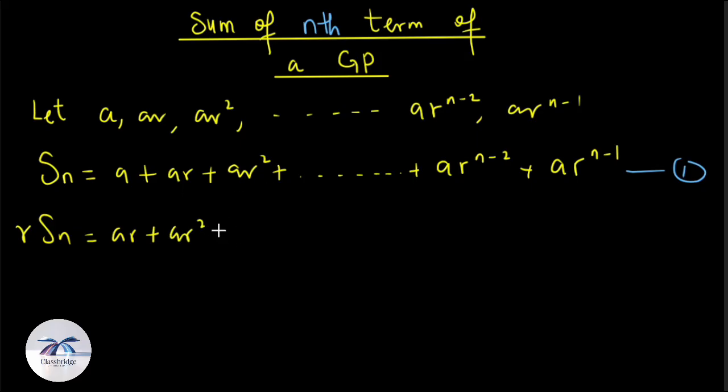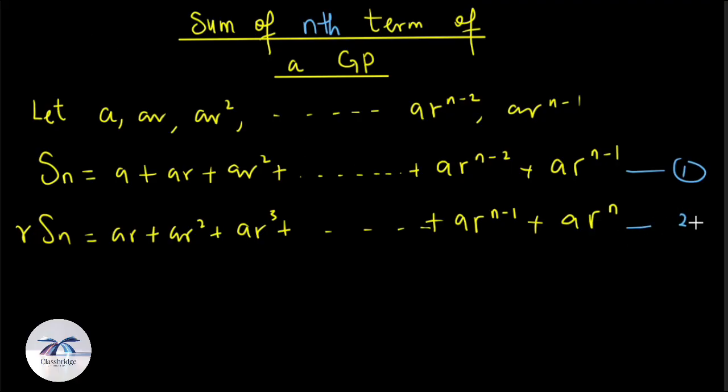This multiplied by R gives AR cubed. Each time you multiply by R, you get the next term, so AR^(n-2) times R gives AR^(n-1), and AR^(n-1) times R gives AR^n.